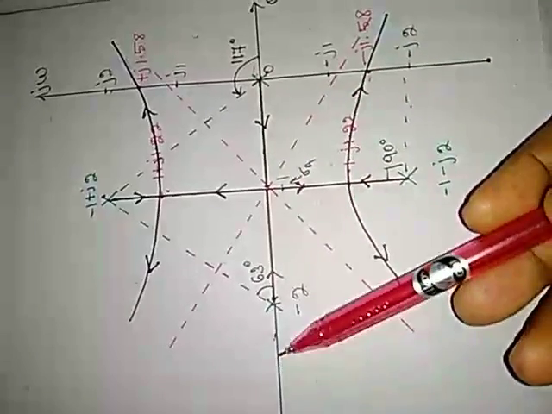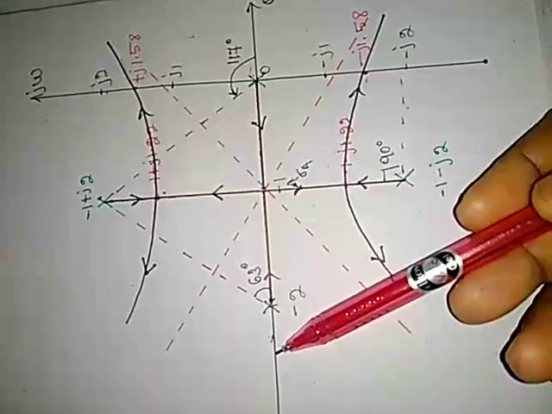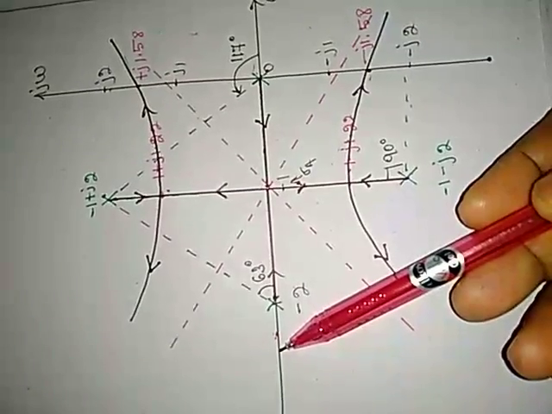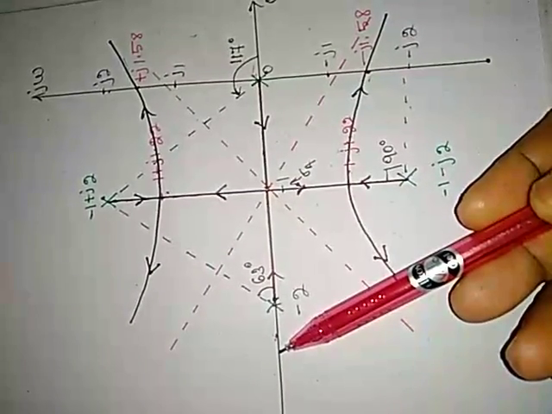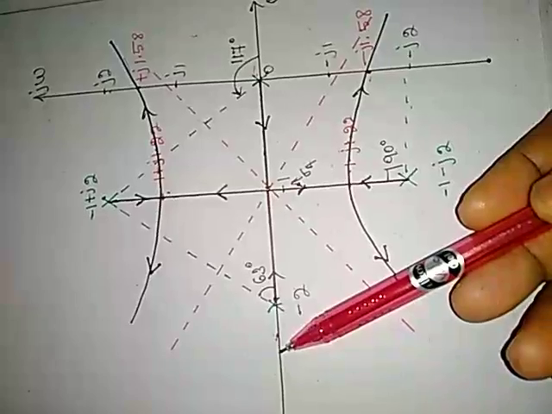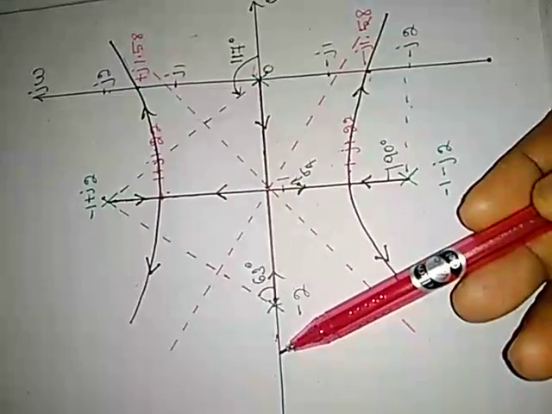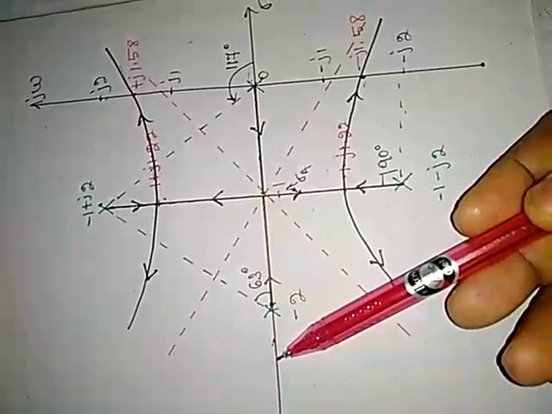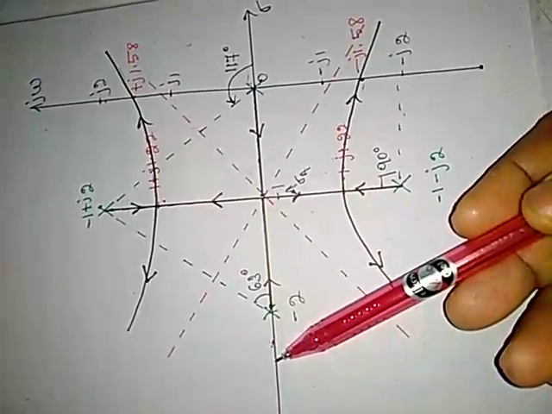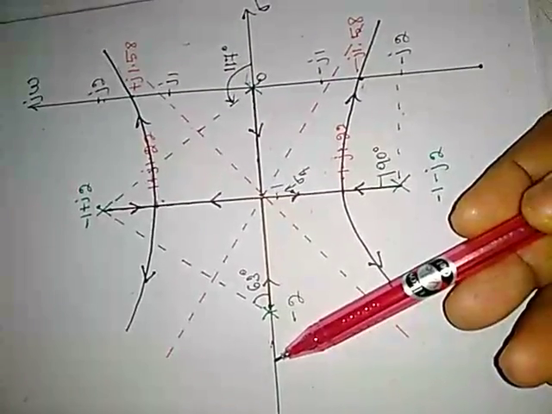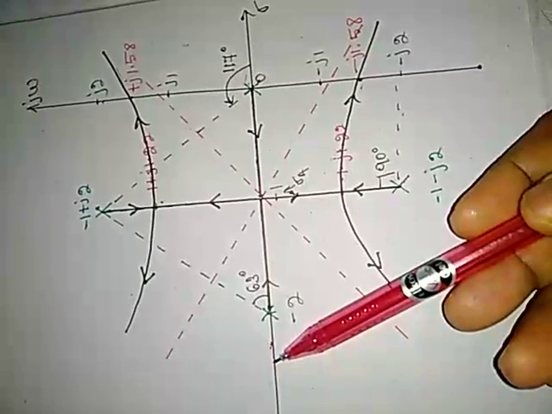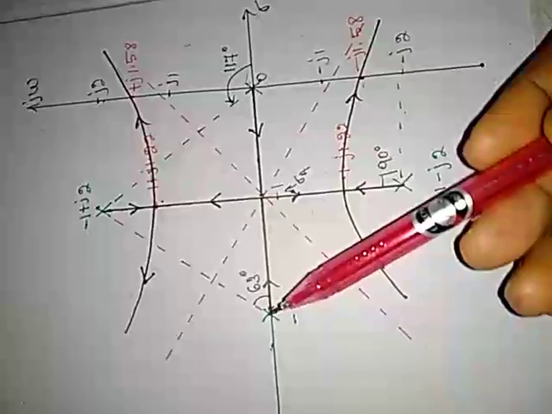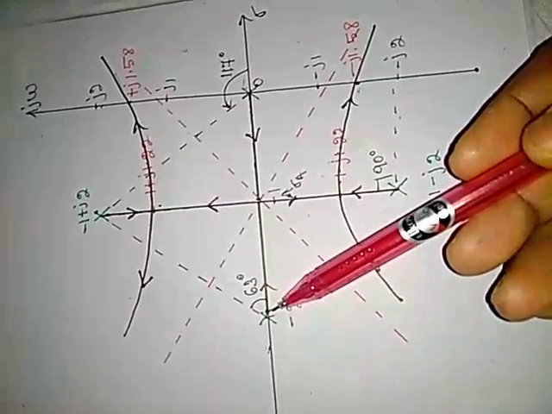If I place my pen in this position and check, is this range satisfied? See here, on the right side of this point there are two roots, at s equal to 0 and s equal to -2. So this range is not satisfied. Within 0 and -2, this range is satisfied.